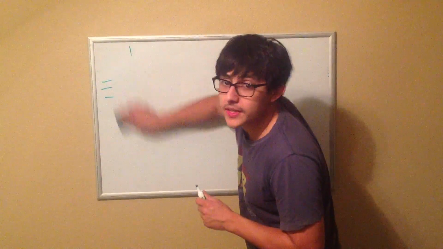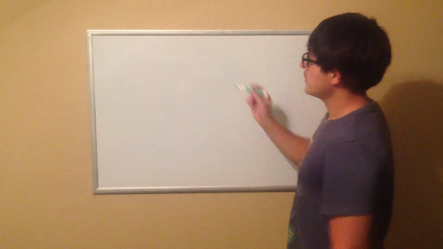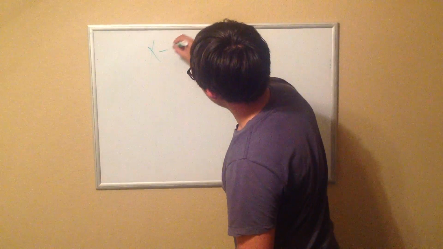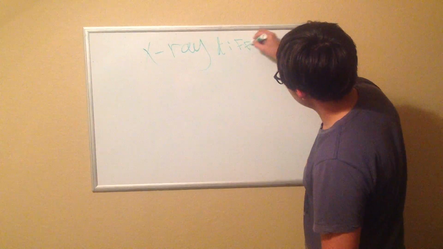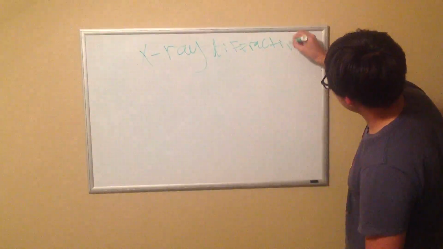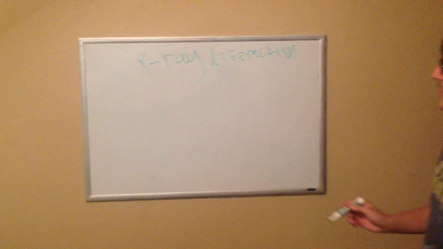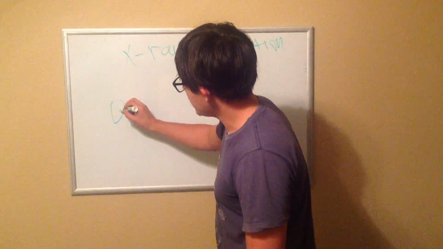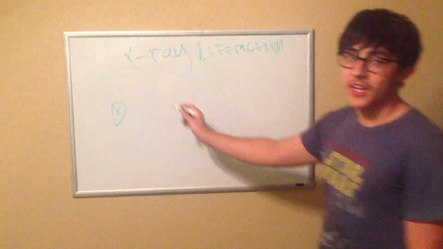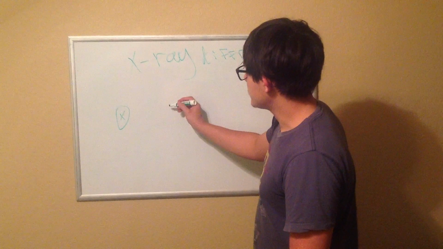Now I'm going to talk a little bit about X-ray diffraction. So usually what they do is they use some X-ray source. Let's say this here, designated by X, and they'll have some type of crystal.